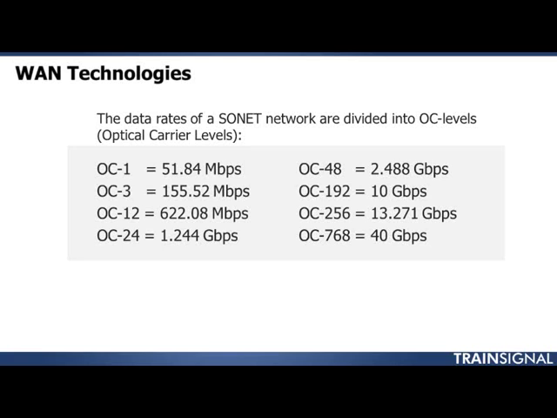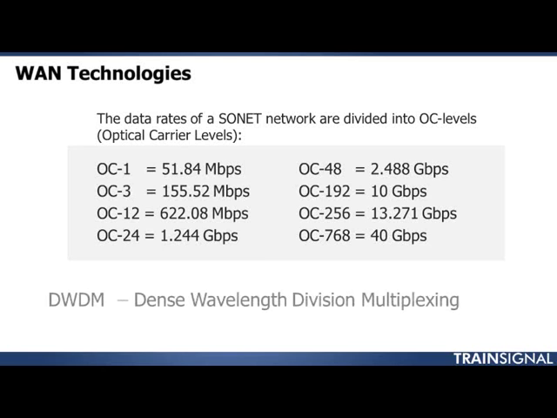Now, there's also something called DWDM, which stands for Dense Wavelength Division Multiplexing. And the main thing I want you to pull out of this is the words wavelength division multiplexing. The idea behind this is that it's a technology which can multiplex a number of these optical carrier signals on a single optical fiber by using different wavelengths.